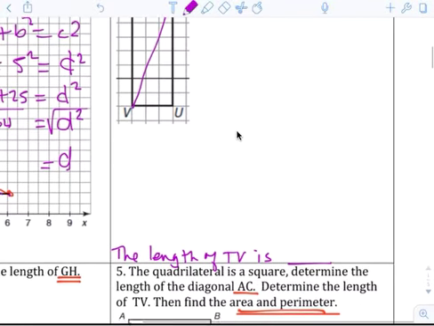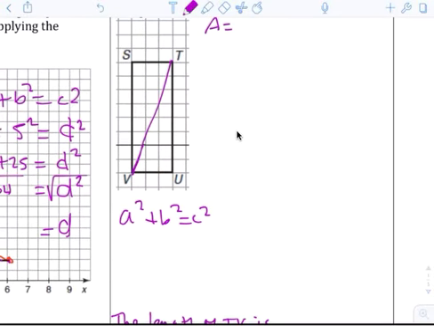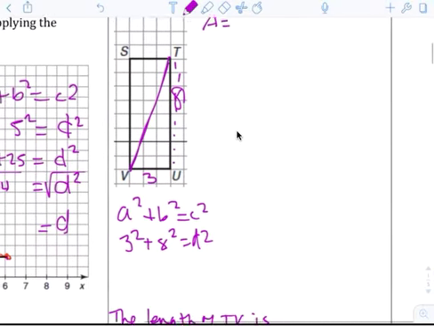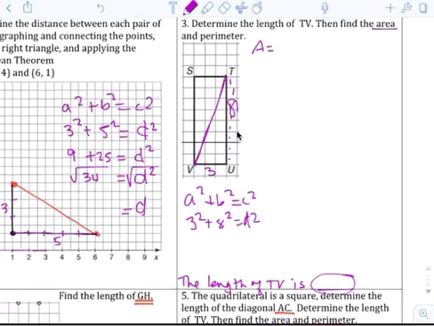Okay, the length of TV is a squared plus b squared equals c squared. Let's find the length of anything. Count, that's 3, 2, 3, 4, 5, 6, 7, 8. That's 8. 3 squared plus 8 squared equals the diagonal squared. And that's how you find the diagonal, and you put your answer here.